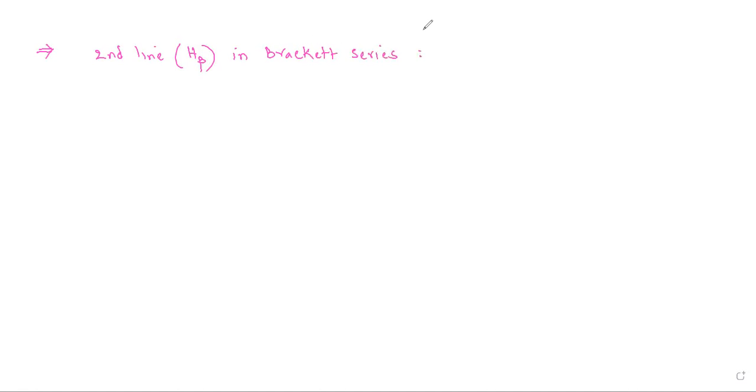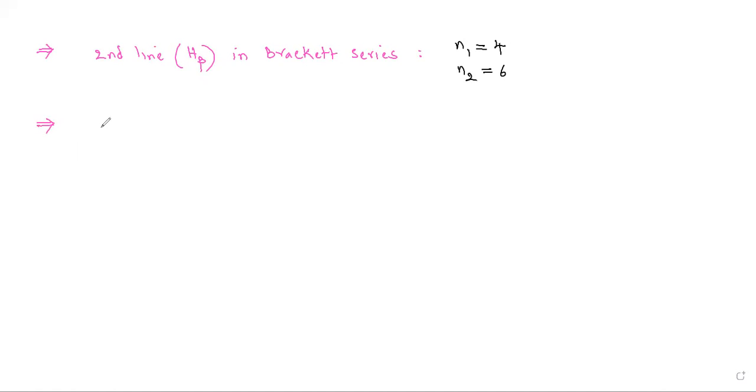Hope you can say, because it is Brackett, N1 is 4, fixed, right? And because they are asking for the second line, just add a 2 to get the value of N2. I think this is clear, right?